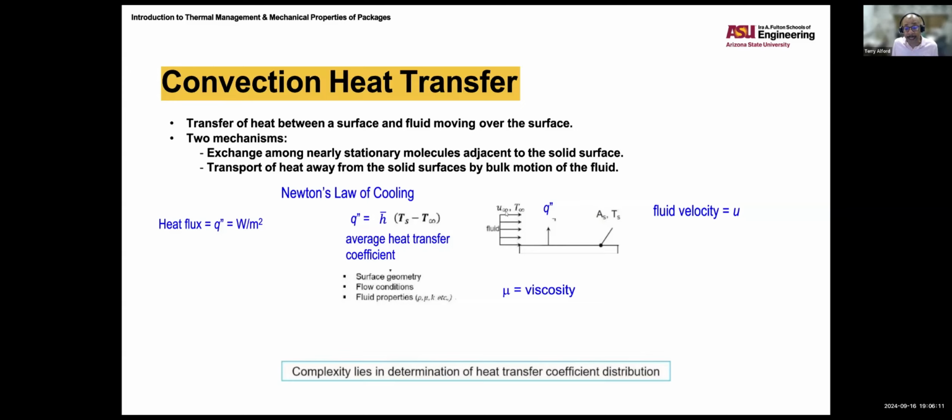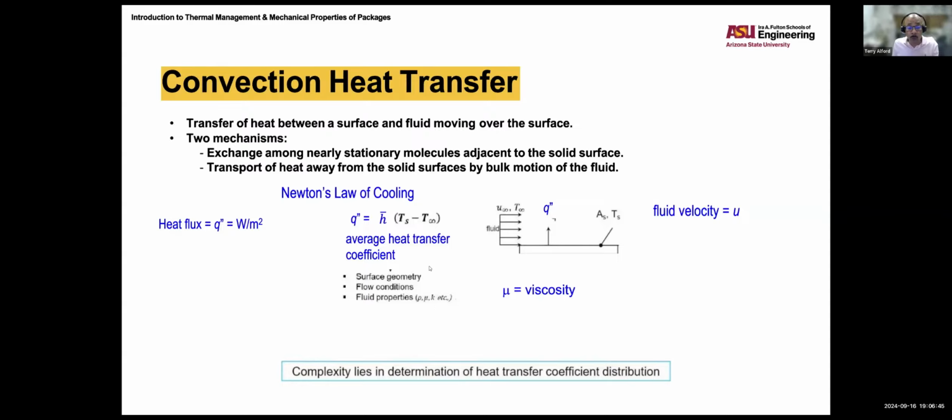If the gas is flowing over the surface and I'm far away from it, the interaction with the surface will have no effect on the velocity here. But there will be a change in velocity as the fluid interacts with the surface. For now, we're just going to leave this velocity as essentially constant across this boundary.